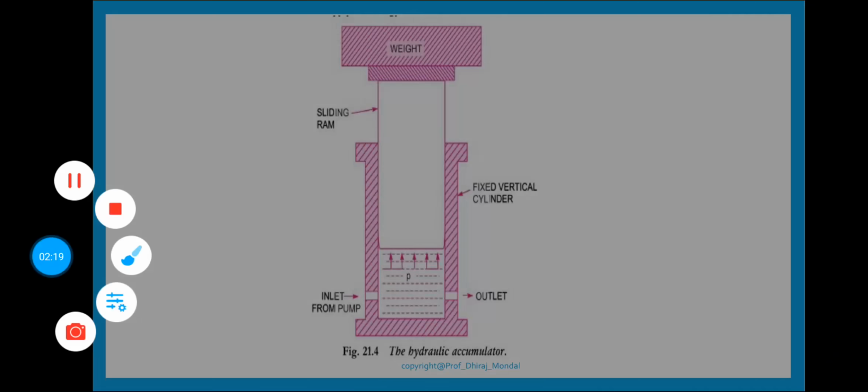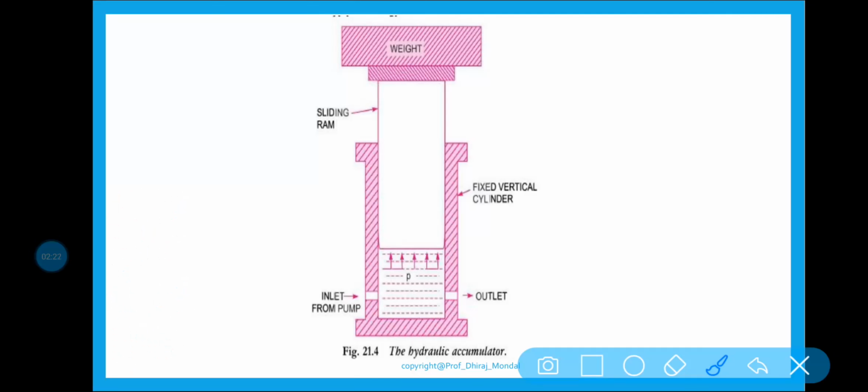Now what is the definition of the hydraulic accumulator? Basically, the hydraulic accumulator is a device used for storing energy of a liquid in the form of pressure energy, which may be supplied for intermittent requirement. Here, with the help of this pump, the liquid is compressed and its energy is stored as pressure energy.